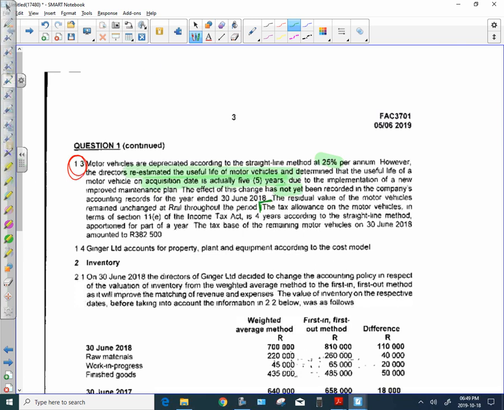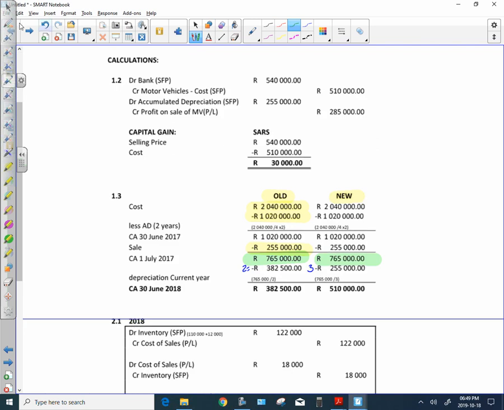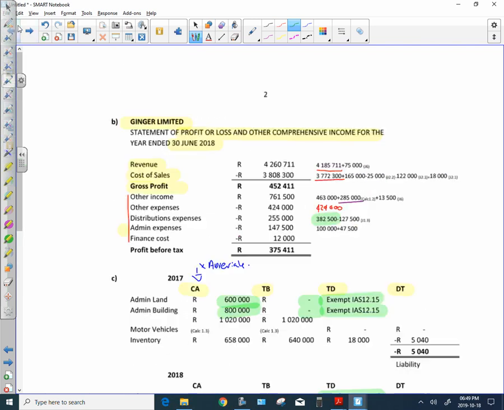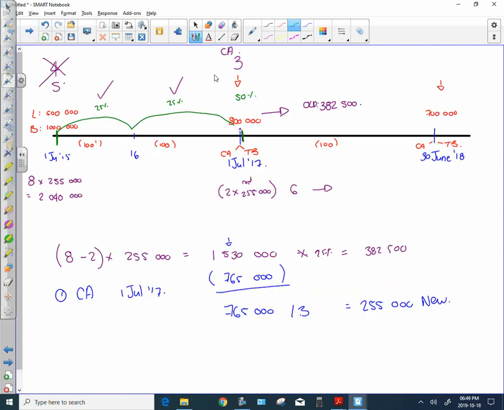First thing I want to do is the journal entry. Do you agree that the depreciation accounted for by the company amounted to 382,500, but it should have only been 255?